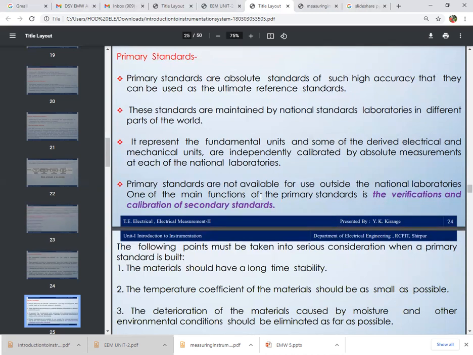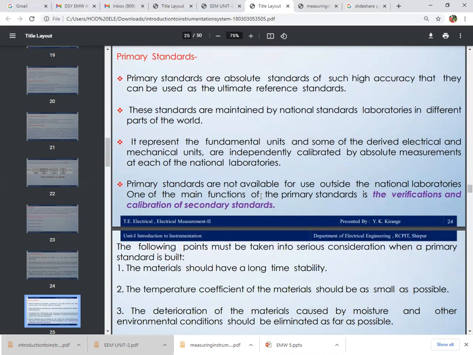Also, it represents the fundamental units of electrical and mechanical quantities, and therefore these are calibrated by absolute measurements at each of the national laboratories. So these primary standards are not for ordinary users.